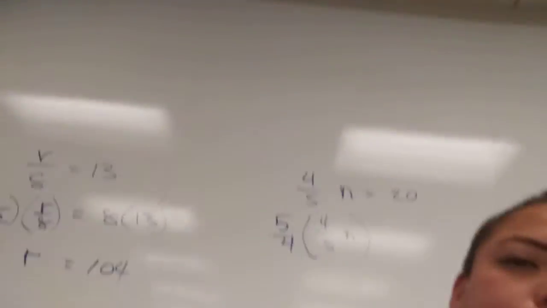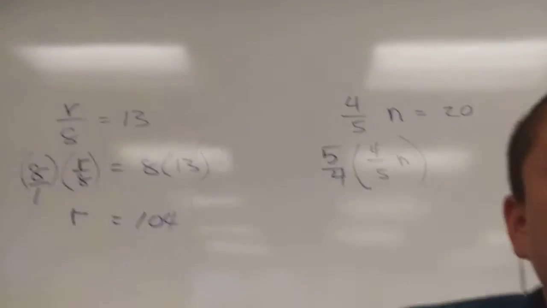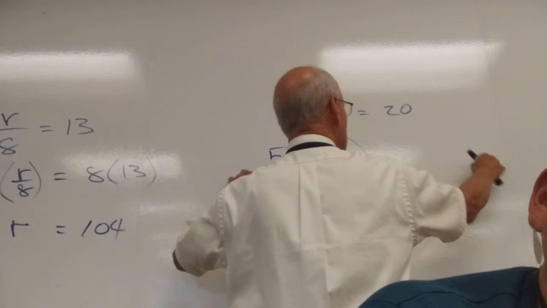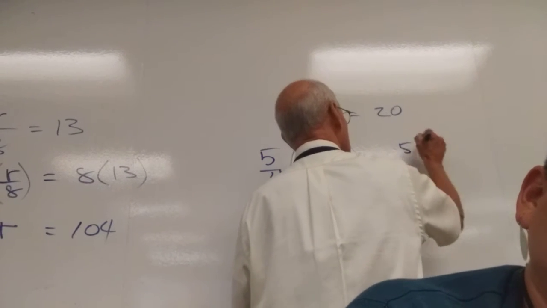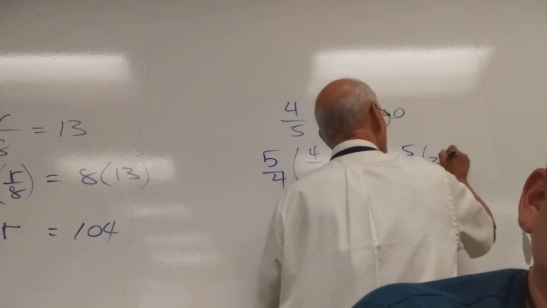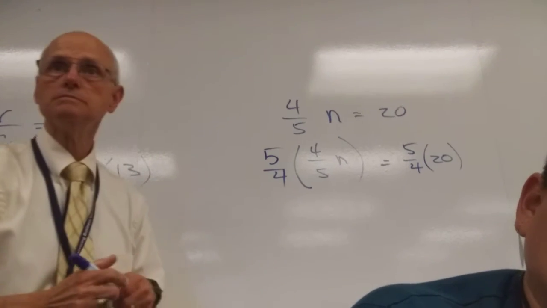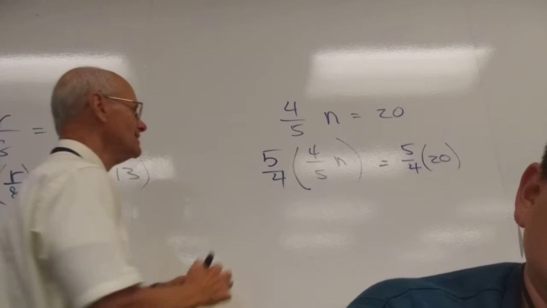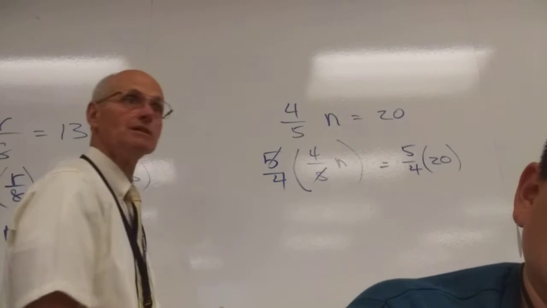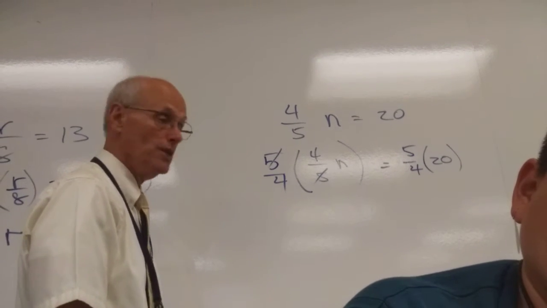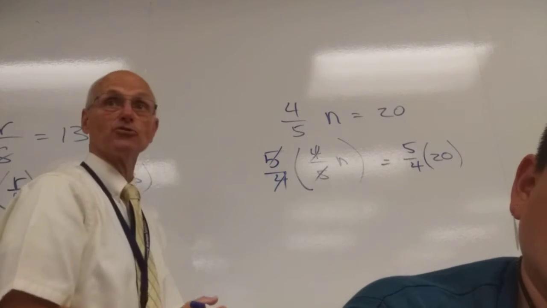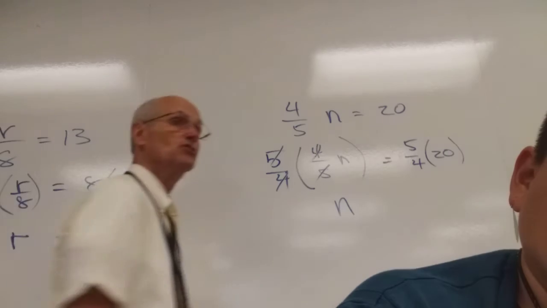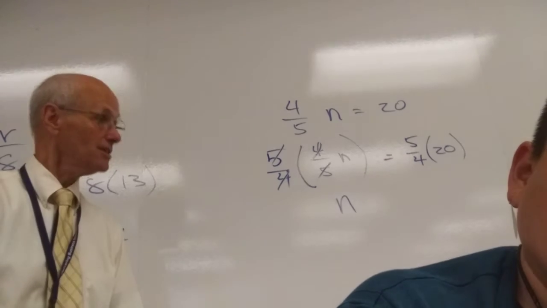The fraction turned upside down. But of course I have to do it to both sides. Watch the magic here on the left side. 5s cancel to be 1. 4s cancel to be 1. It's just n. Isn't that nice?